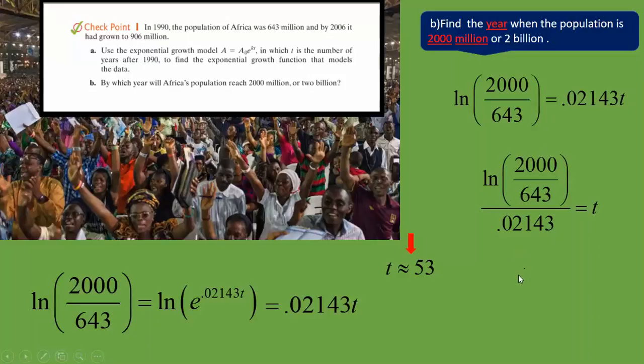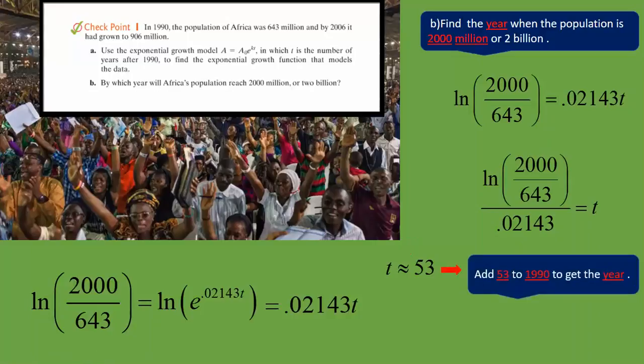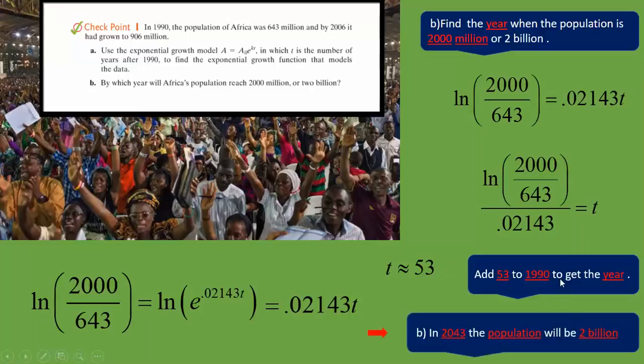Remember, t was the time since 1990. So to figure out the year, what we need to do is add 53 to 1990 to get the year. And so when you add 53 to 1990, you end up with the year 2043. So now we can answer part B. That is, in 2043, the population will be 2 billion.